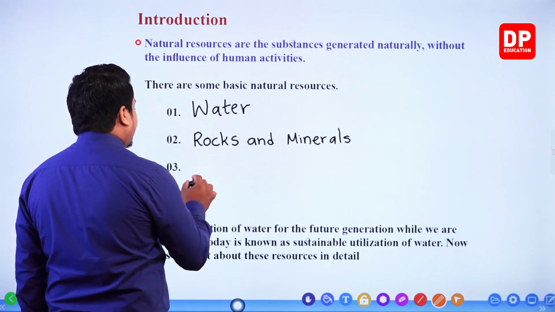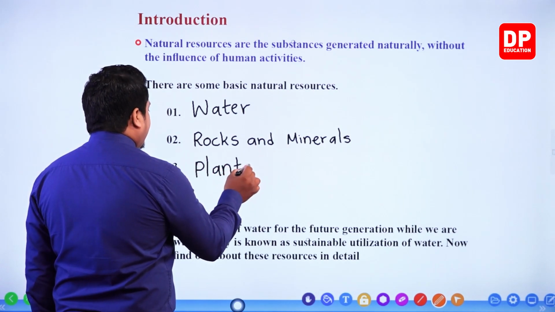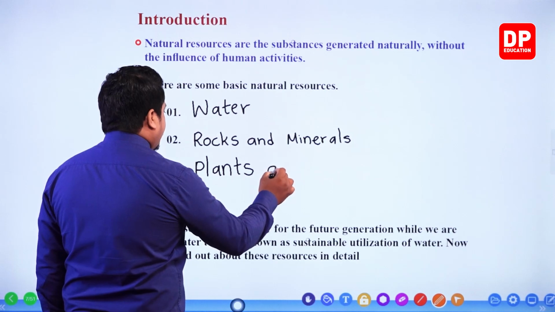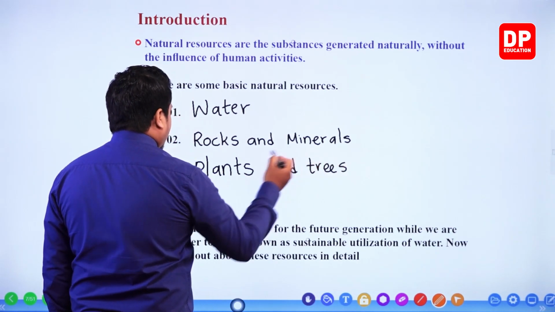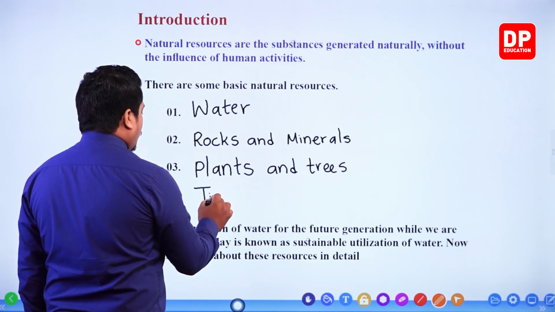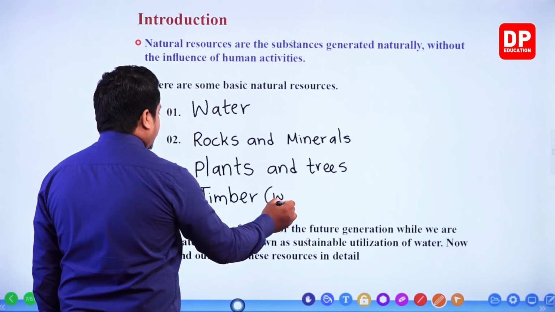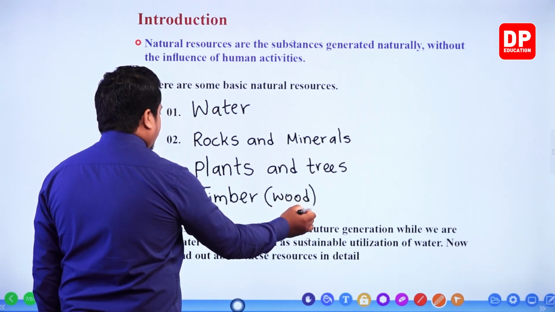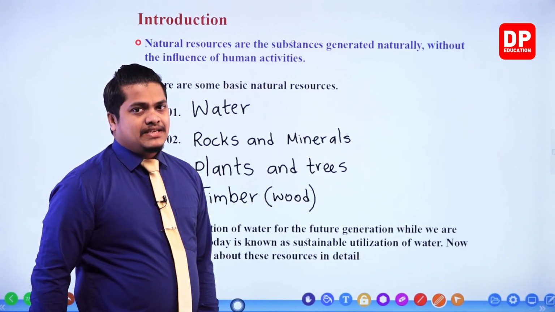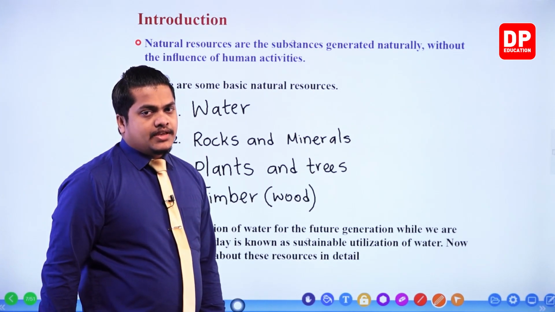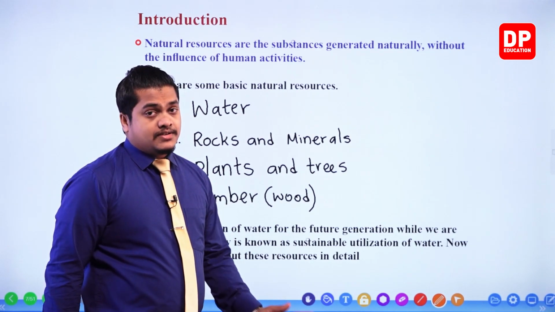Then plants, right? Plants and trees. Then finally timber or wood. Right. So these are several basic natural resources that we can observe within the objects that we have discussed earlier.